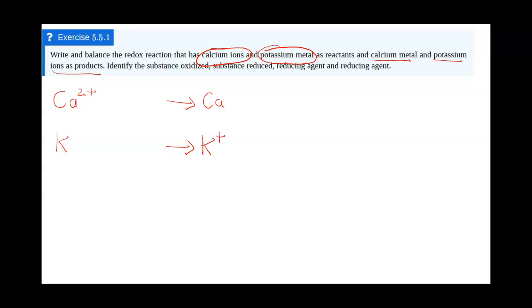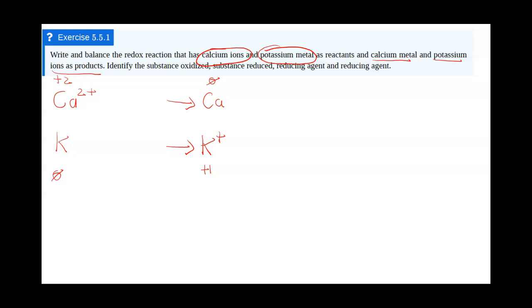So now we need to figure out how many electrons are involved and what reactant is losing or gaining electrons. And to do this, you want to look at the total charge on either side of your arrow. So the total charge on the right in my first half reaction is 0, and the total charge on the left is +2. For my second reaction, the total charge on the right is +1, and the total charge on the left is 0.